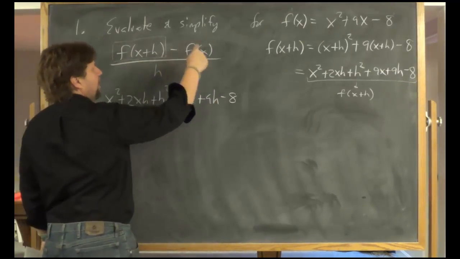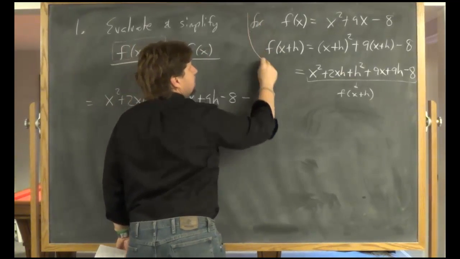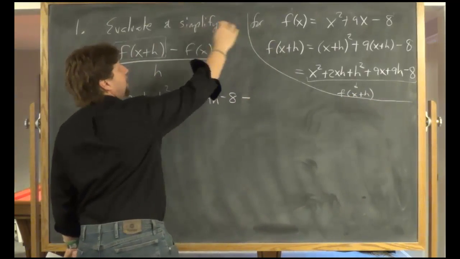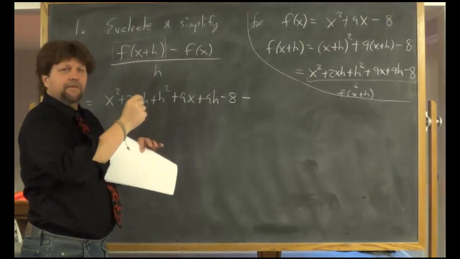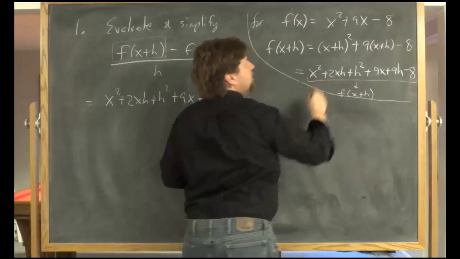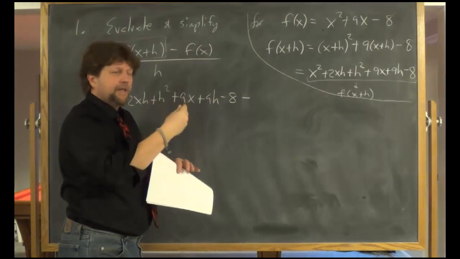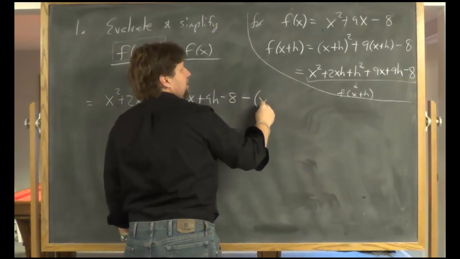And now we have to subtract off f of x. That was f of x. Make sure, since f of x is a trinomial, there are 3 terms, and it's preceded by a subtraction sign, I will put it inside parentheses so I don't make a careless sign mistake.